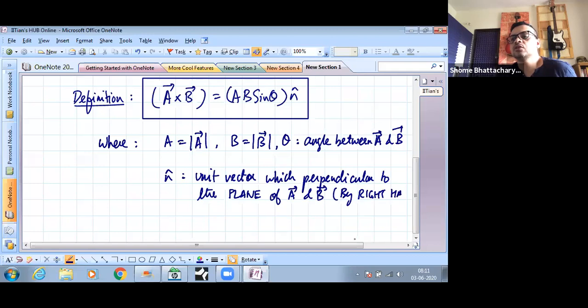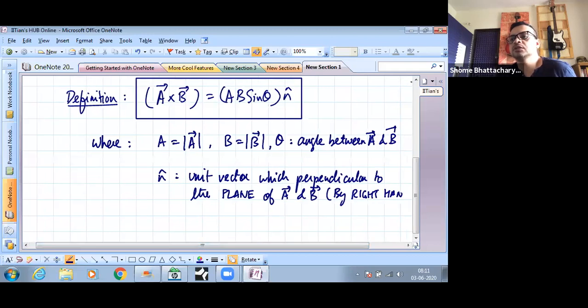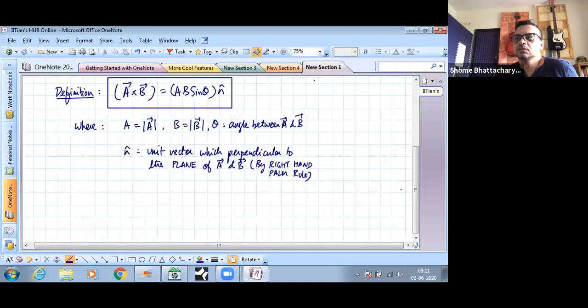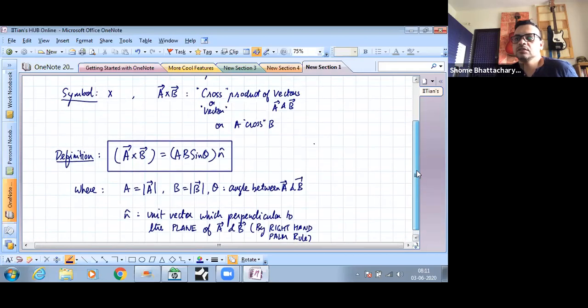We'll be discussing a lot about application of the right hand palm rule today. Right, so this is the definition of A cross B. Just note this down and let's get started with this.